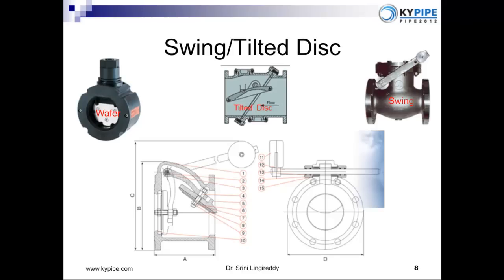Swing type, the general construction. If this is a pipeline, the disc is attached to a hinge here, and the flow will be from left to right in this graphic.